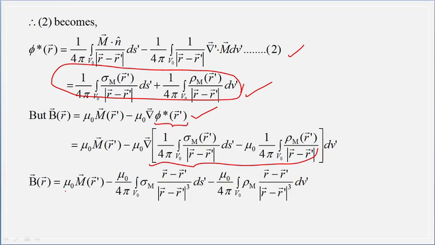Then mu naught m you keep as it is, and the 1 upon 4 pi you take inside. Then del you take inside. Del of 1 by r minus r dash is r minus r dash divided by r minus r dash cube. Again, this identity we already proved in the first term.